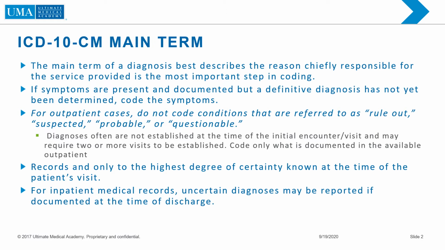Diagnoses often are not established at the time of the initial encounter or visit and may require 2 or more visits to be established. So in this case, you only want to code what is documented and what is available in the chart.